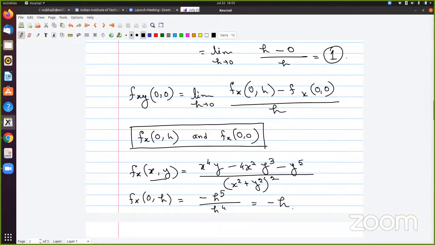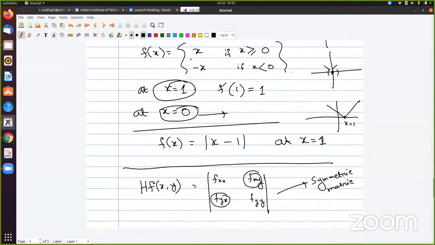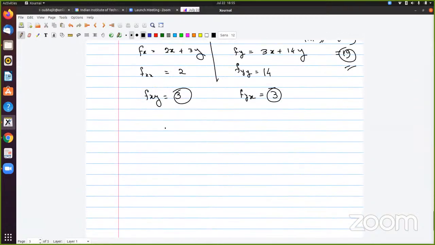Okay. So can someone tell me what is fx and fy we got in that function? Then I can write it. What was fx for the function we have given earlier?